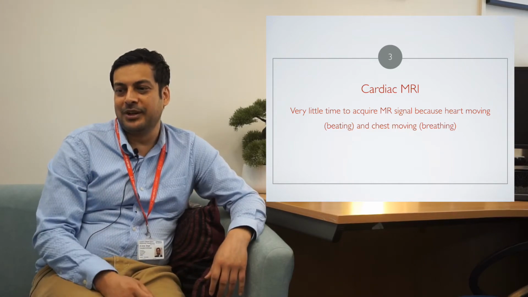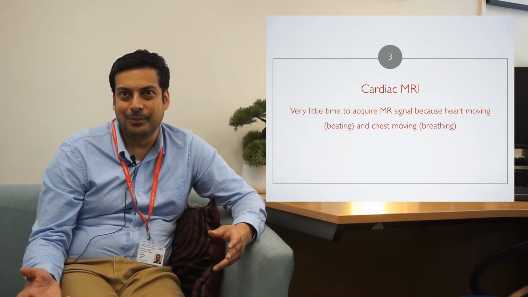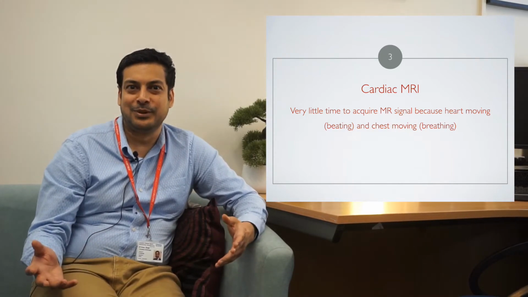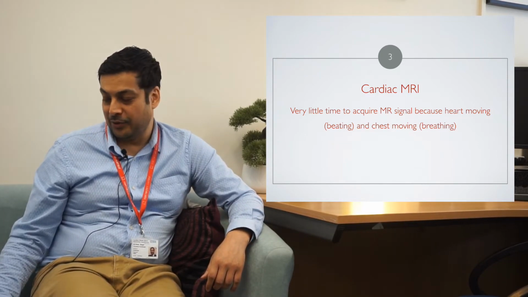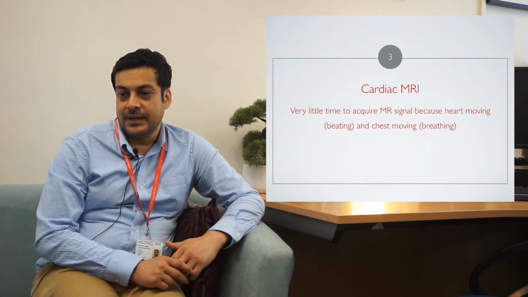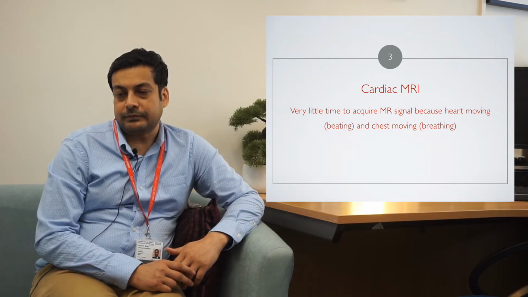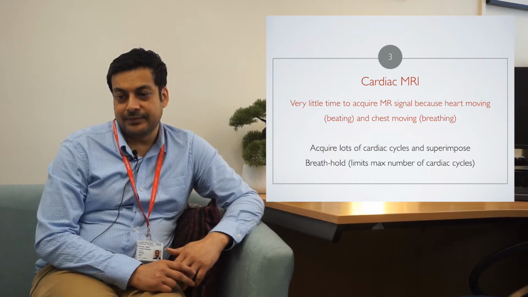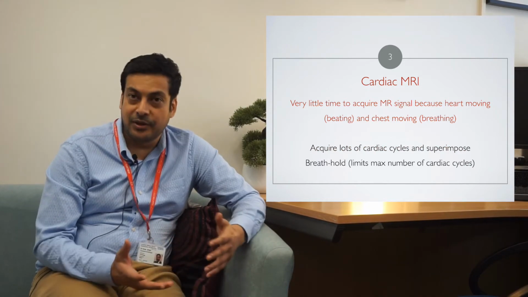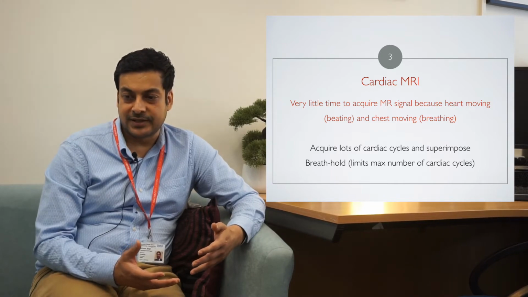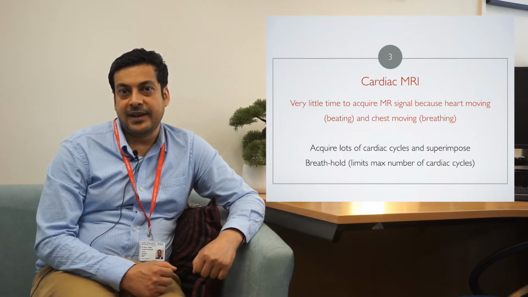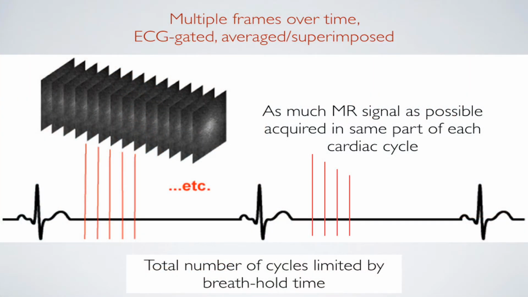We can't do that because the heart moves while it beats, and the heart moves because you're breathing. So we can't use that technique where we just acquire lots and lots of signal by turning the machine on. The way to get around that is to ask the patient to breath hold, which takes away the movement from the chest cavity while you're breathing, and then to acquire the signal at the same time in the cardiac cycle, and then average them all.